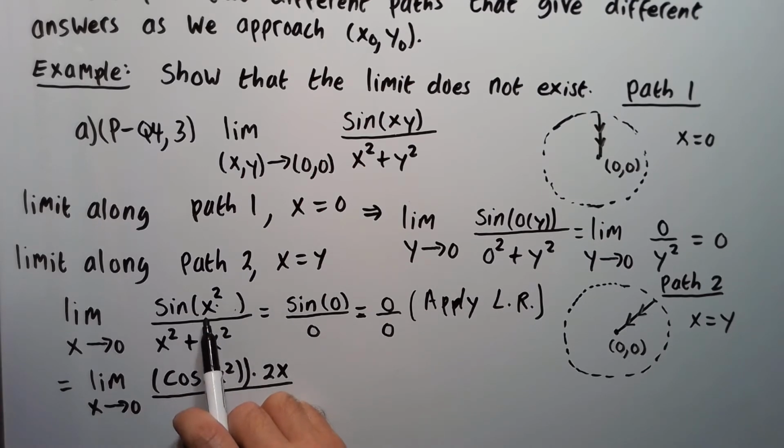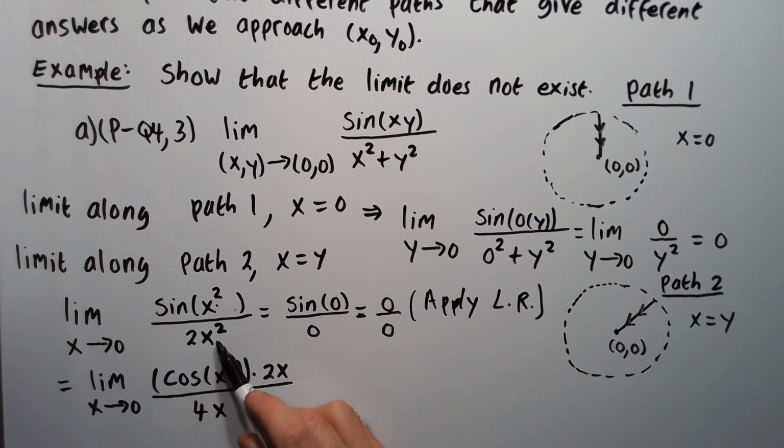The derivative of x squared is 2x. I'm using the chain rule here. And x squared plus x squared is 2x squared. Taking the derivative of 2x squared becomes 4x.